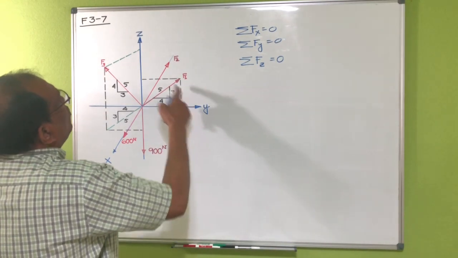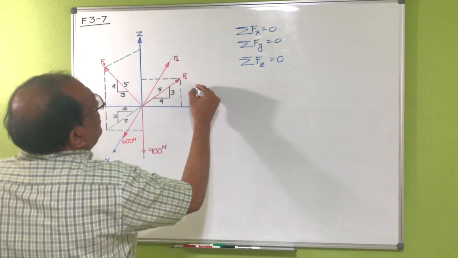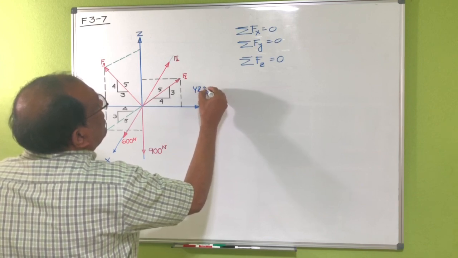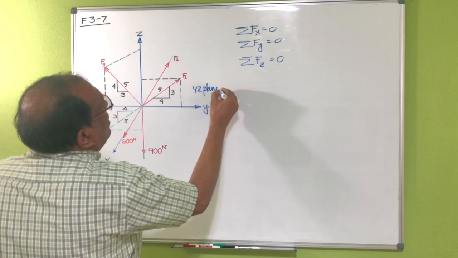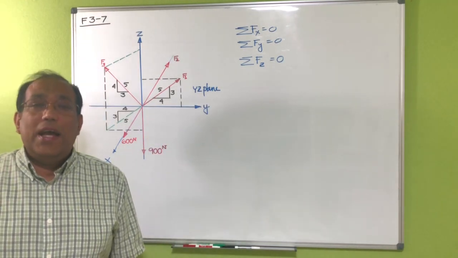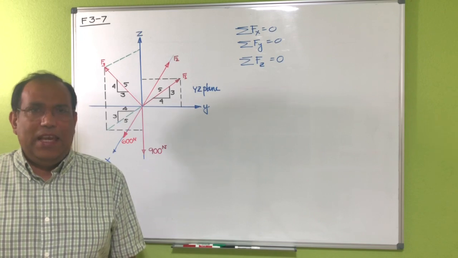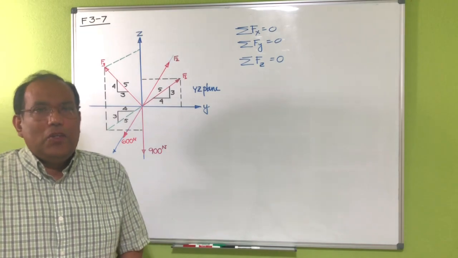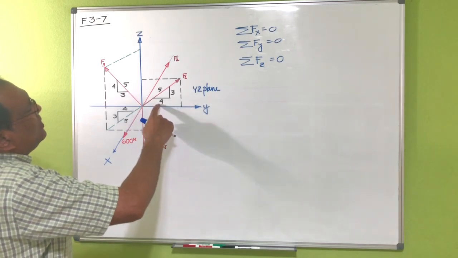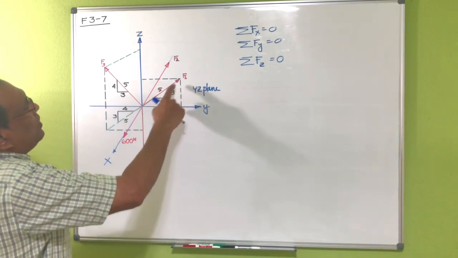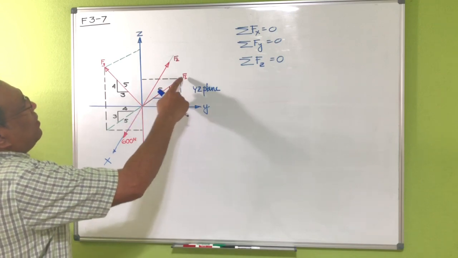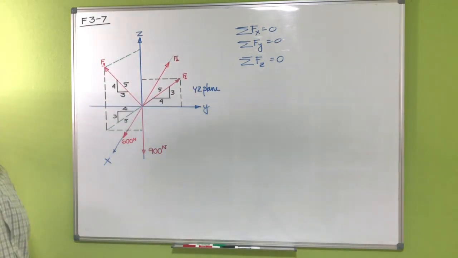This is the YZ plane, which means F1 has only Y and Z components and doesn't have any X component. So 4/5 of F1 is in the Y direction and 3/5 of F1 is in the Z direction.